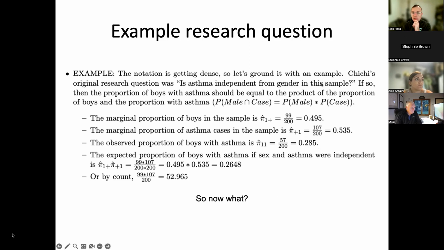If our null hypothesis was true, that asthma was independent of gender, then if we multiplied these two numbers together, which represent the marginal probability of being male and the marginal probability of the case, we should get this number, 0.285. So down here, we can see by doing it in fraction land and also in decimals, that we do not get the same number.